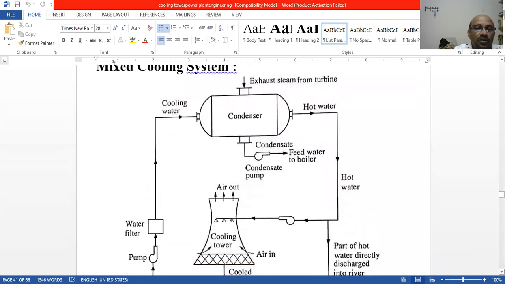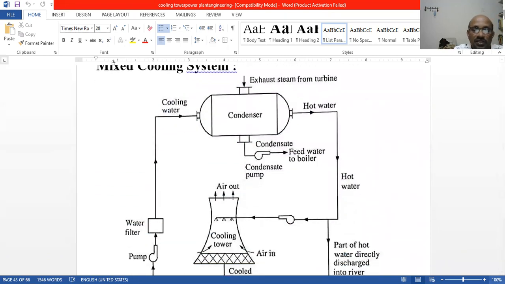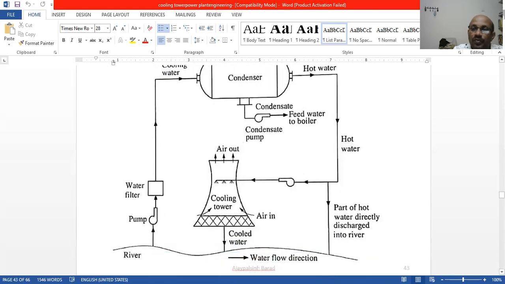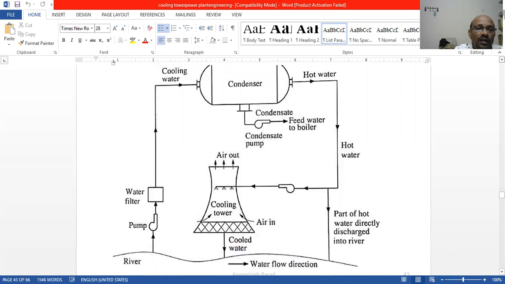Another one is the mixed cooling water system. In a mixed cooling water system, the cooling water enters, and the same water filter and pump will be there.